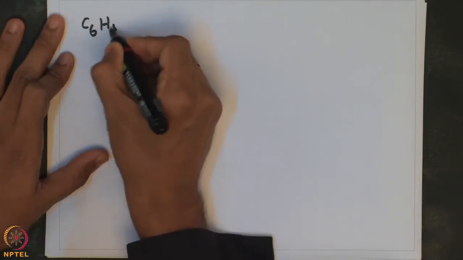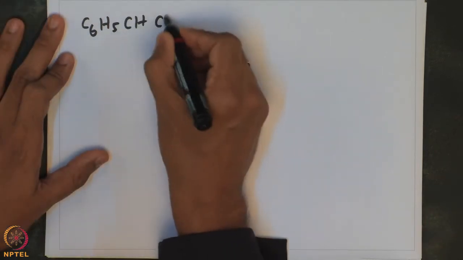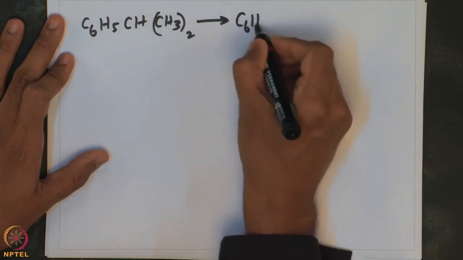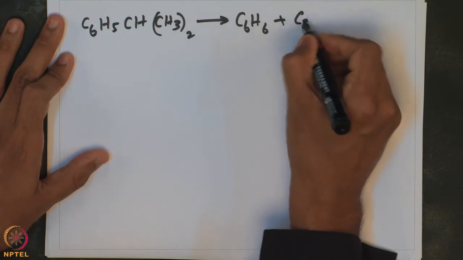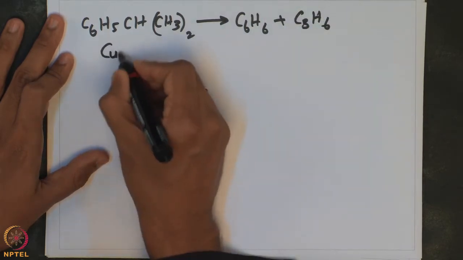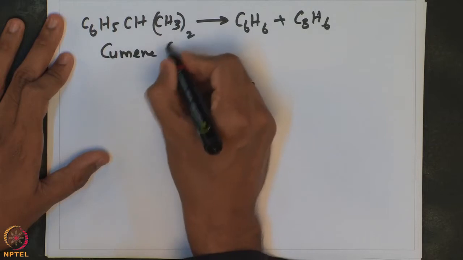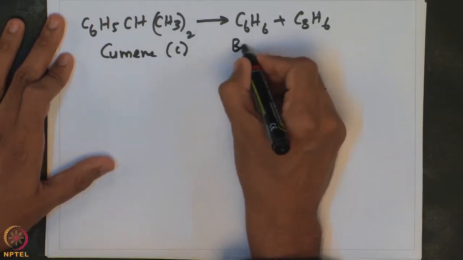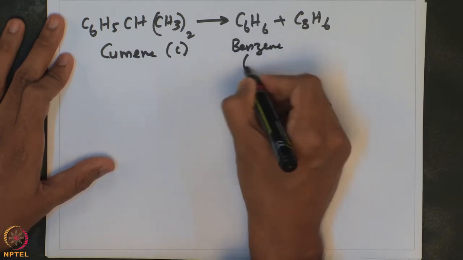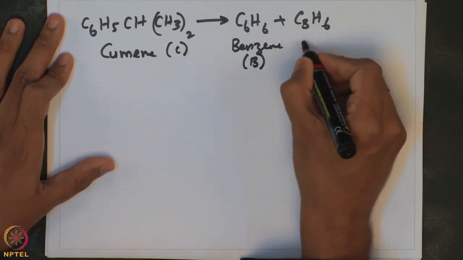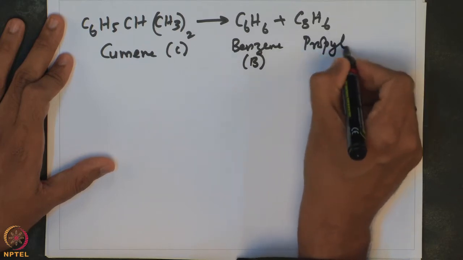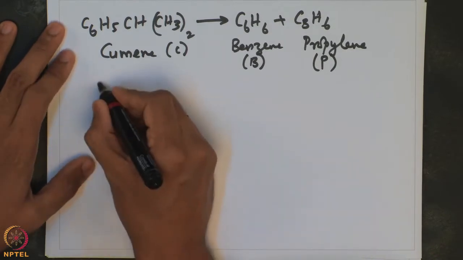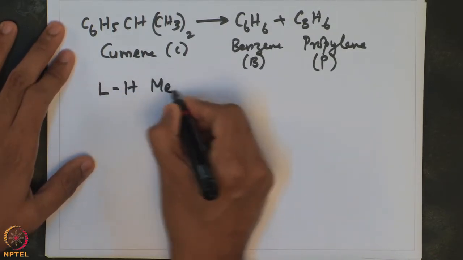cumene getting converted to benzene and propylene. So this is cumene, we will refer to this as C, and this gets converted to benzene, let us refer to this as B, and propylene, let us refer to this species as P. Let us assume that the Langmuir-Hinshelwood mechanism is valid.